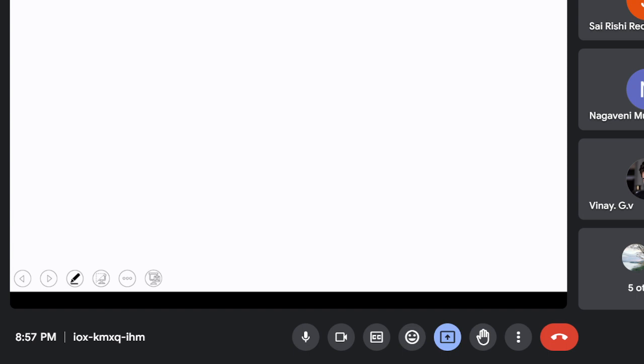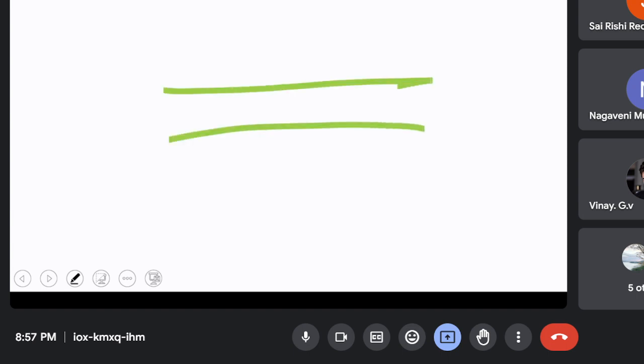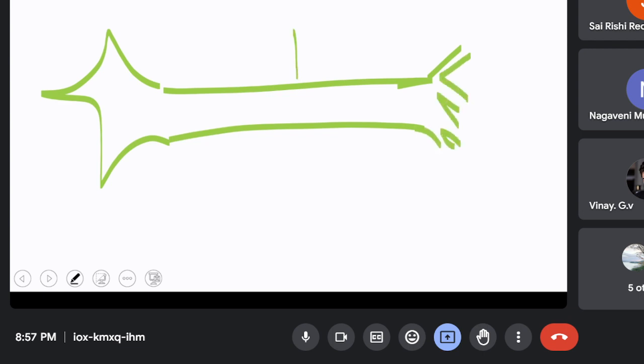That means if this is a nerve cell membrane, that means an axon with dendrites and telodendrites, this is the point of stimulus. There is positivity outside and negativity inside on either side.